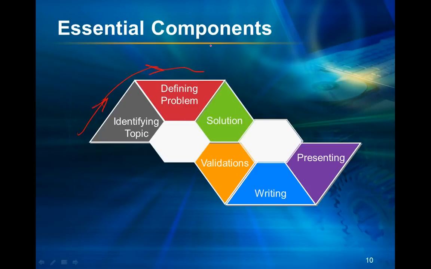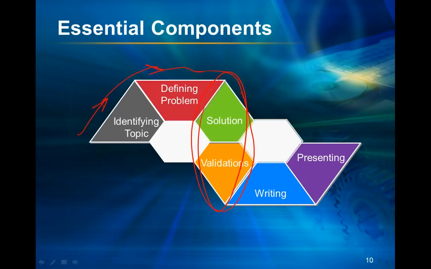Once you identify a topic and define a problem, then you go through the solution path. Okay, solution and validation. You solve the problem, that means you work on your research, you figure out how it needs to be done, and once you do that, you have to show to your peers or to the world why what you got is correct.